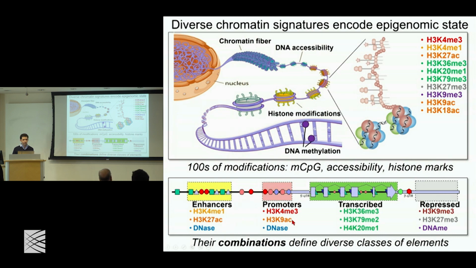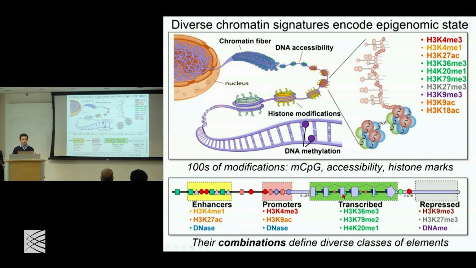And we've defined these activity signatures for enhancers, promoters, transcribed regions, repressed regions, and so forth. So we've written computational programs like ChromHMM to basically automatically learn the language of the epigenome by inferring the most frequent, most relevant combinations of these marks, learning both the combinations and where they occur across the genome, and then annotating them with different classes of functions.